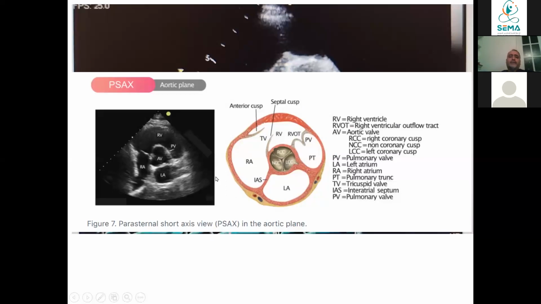Again, this is the short axis, a cartoon and explanation of what you will see.